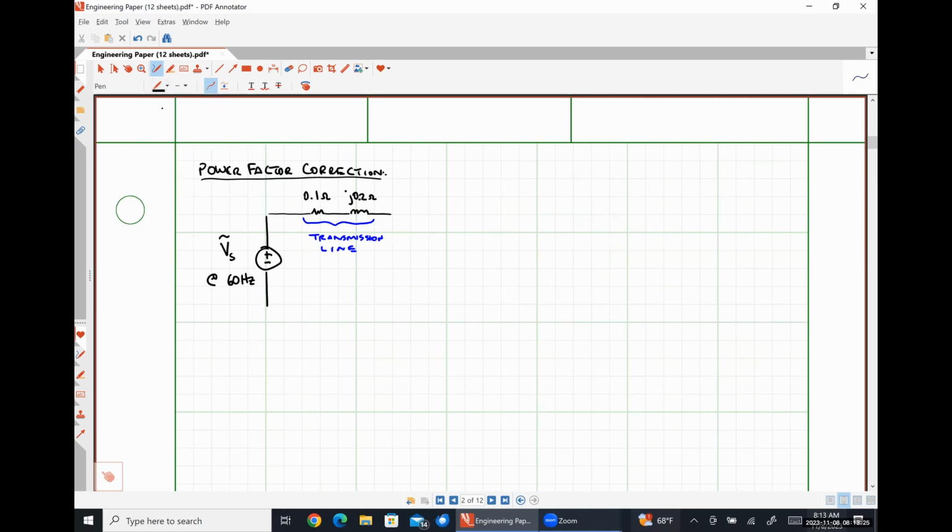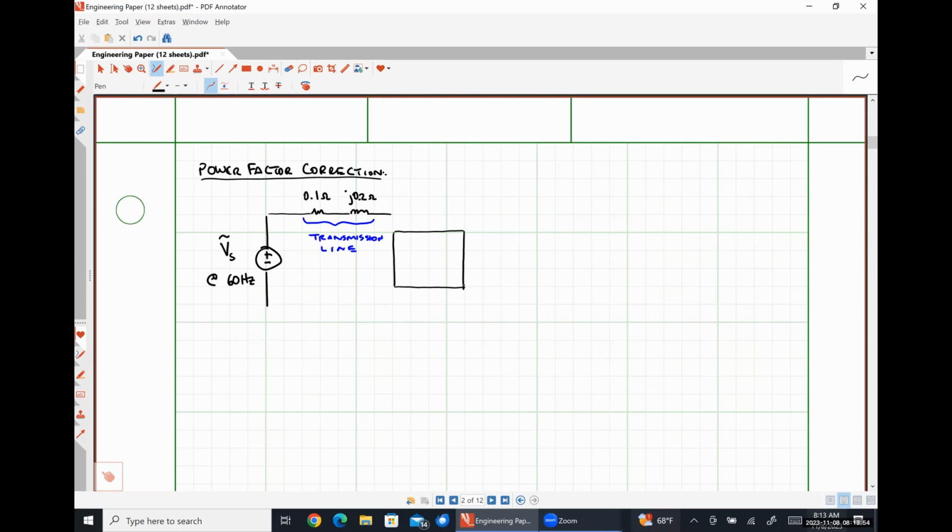And I'm going to use this source to provide power to several loads. So instead of describing the load using an equivalent circuit model, I'm actually going to describe the load based on the power that it's drawing. This is a way that you could approach problems, particularly from an industrial standpoint, where you don't really care what the load looks like.